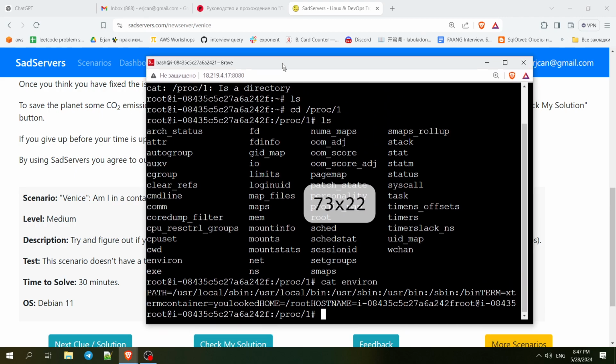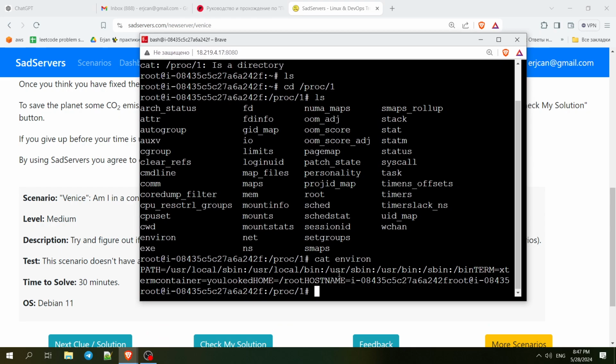So this is one way, and another way is to actually look into the environment file. It has all of the path stuff, and it has container. There you go. So we found that if it is a container, it has some environment variables related to container. So we're actually running inside a container. Yeah, that's the first way.